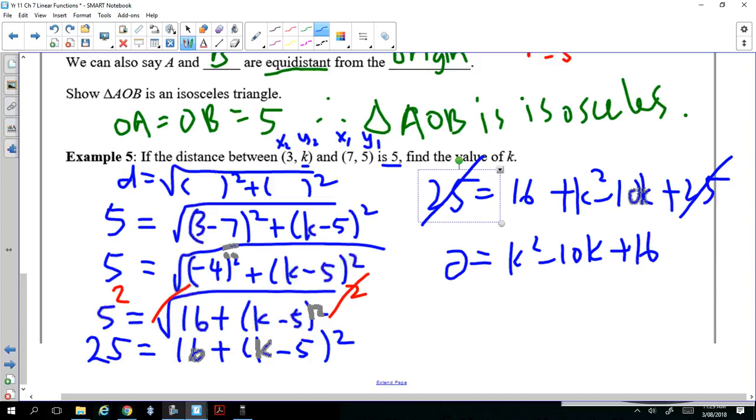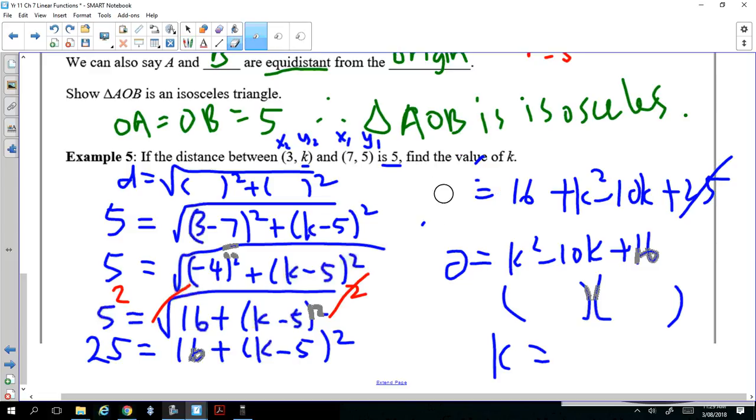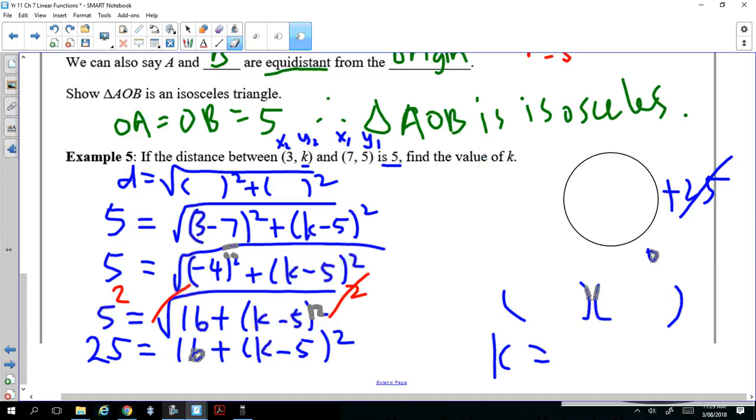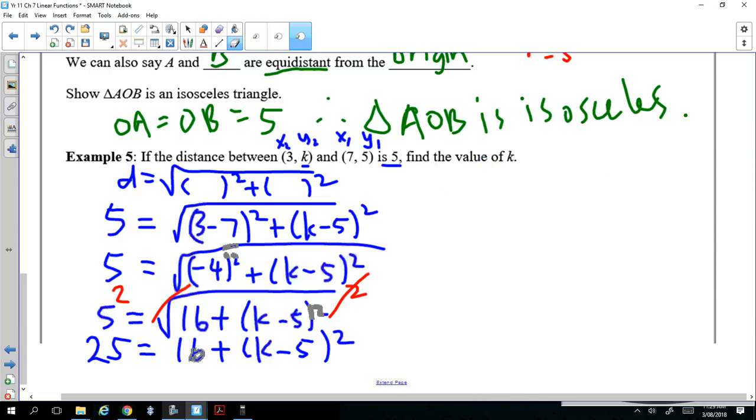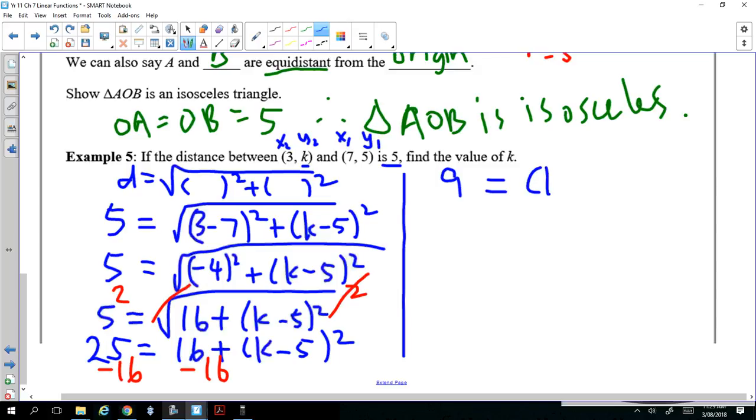Let me show you a faster way. Let me show you a very fast way. Now, the fast way is this. We're going to subtract both sides by 16. 9 equals. Now, what can we do after this? What should we do?